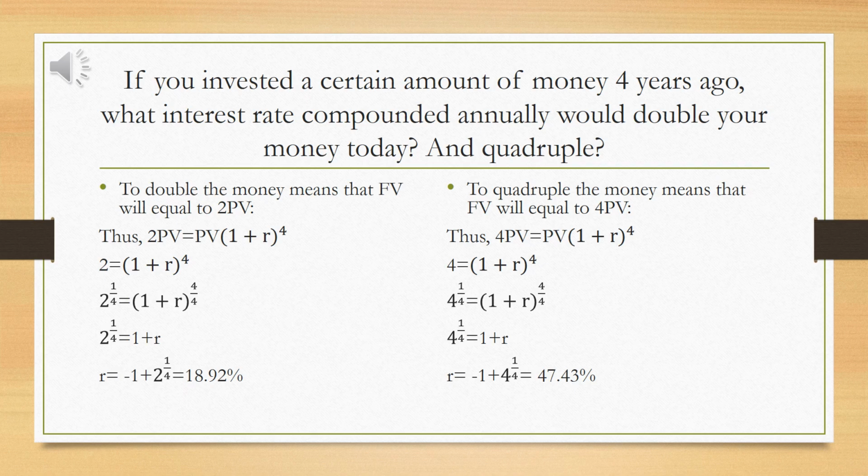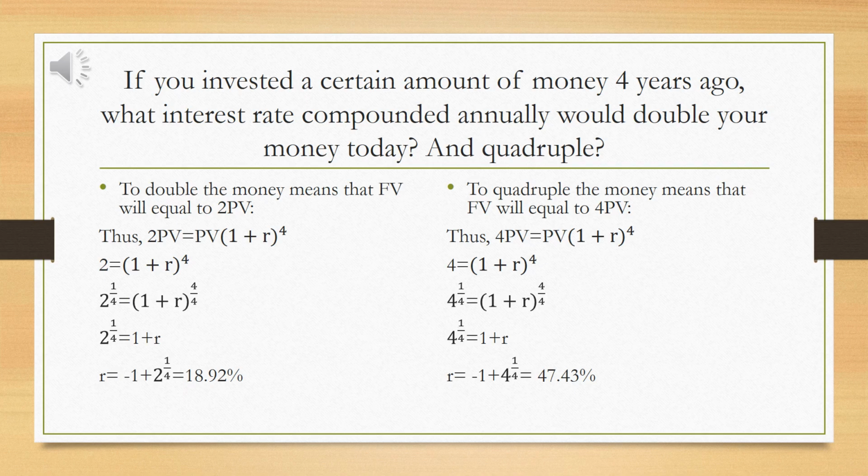Thus, 2 times PV equals PV times (1 plus r) to the 4, meaning that 2 equals (1 plus r) to the power 4. Therefore, r would equal 18.92%.